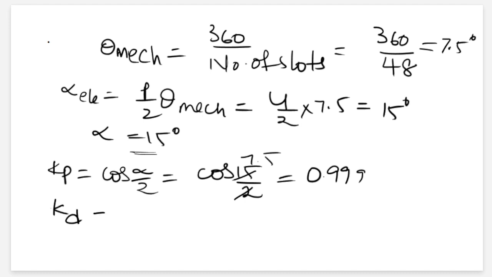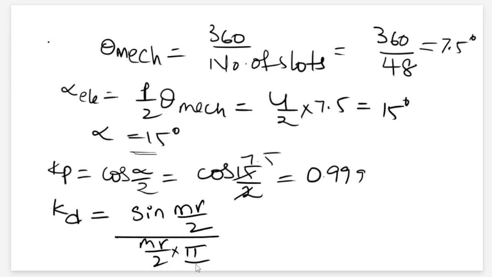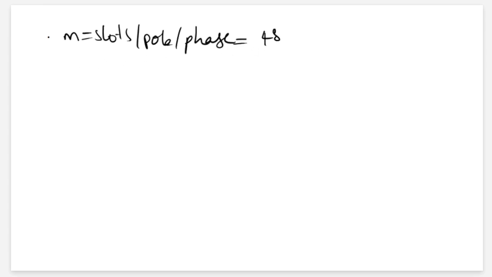Next, we need to determine the Kd value. Kd is equal to sine(m gamma by 2) divided by (m sine gamma by 2), where m is equal to slots per pole per phase. M is equal to 48 by 4 by 3.